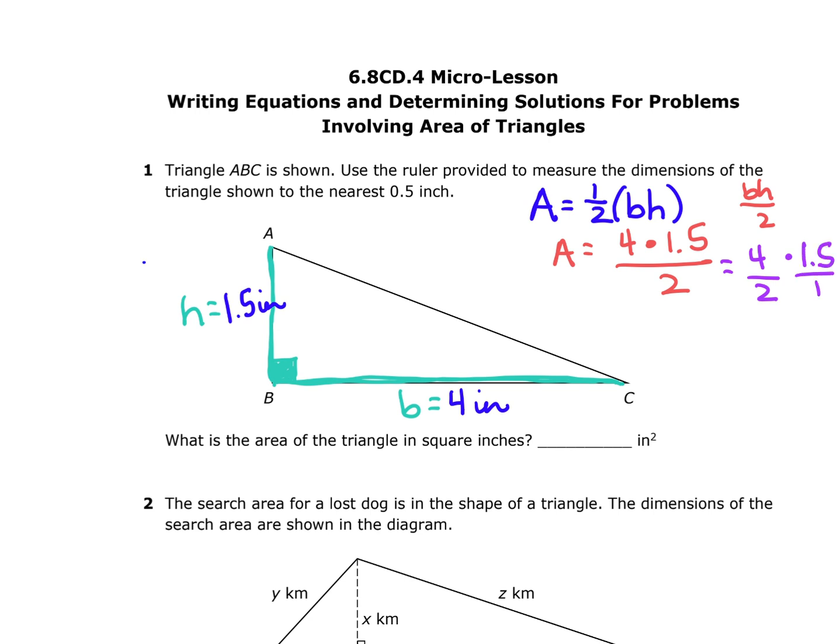I can simplify how many times 2 goes into 4, because I'm dividing by 2. It goes 2 times, so I have 2 times 1.5. 2 times 1.5 is going to give me a total of 3. All right, so it's going to be equal to 3 inches squared.